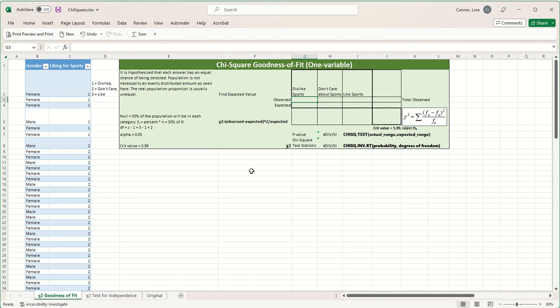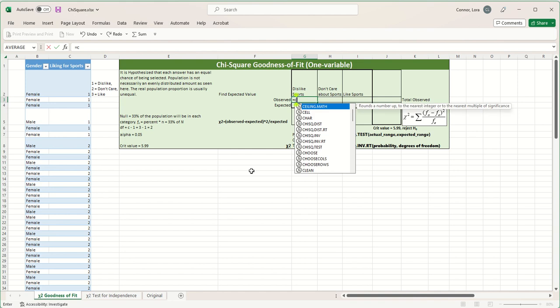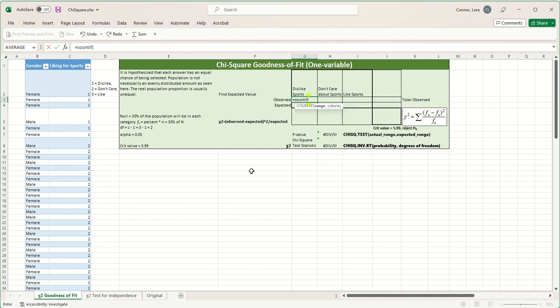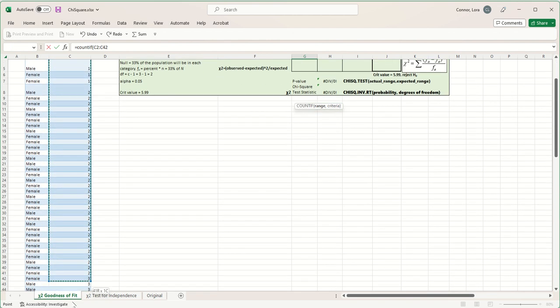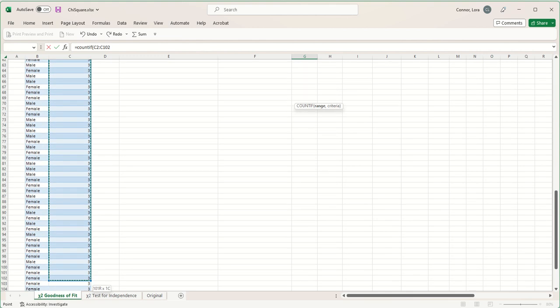In order to do this, we're going to hit an equal sign in that box, and then we're going to do the COUNTIF function, COUNTIF, parentheses. First we need to tell it the range of data to look at. So we're going to look at all of the data here.